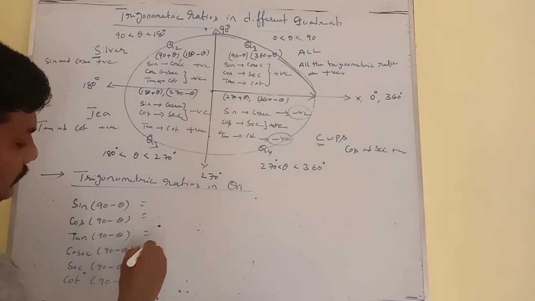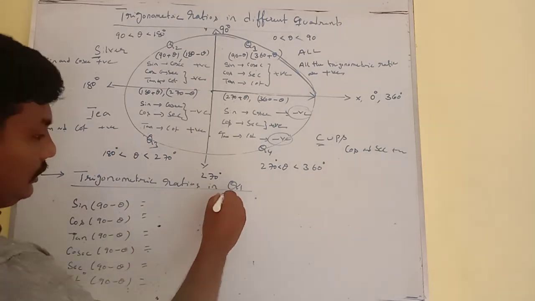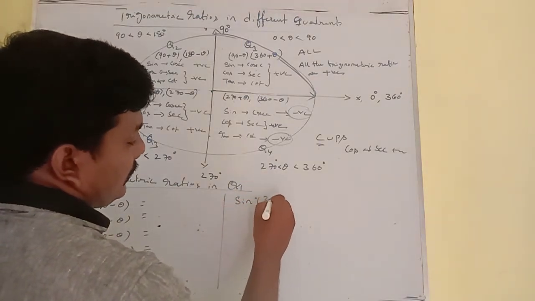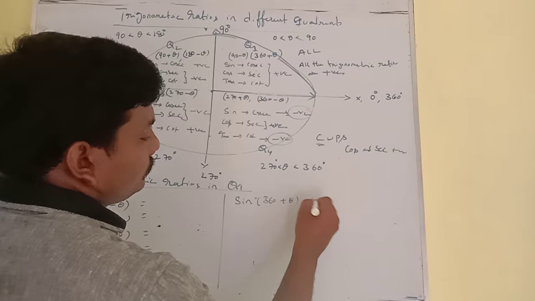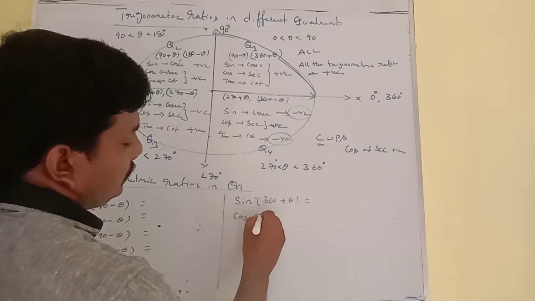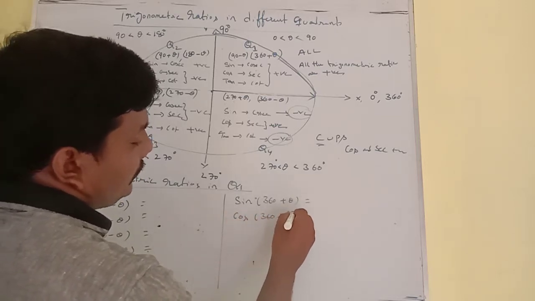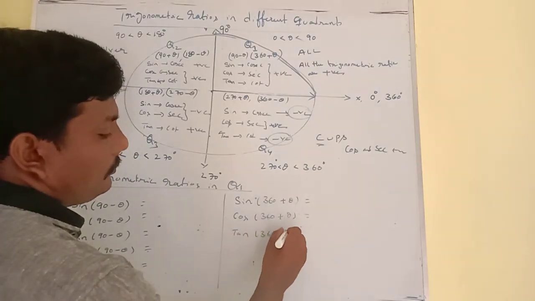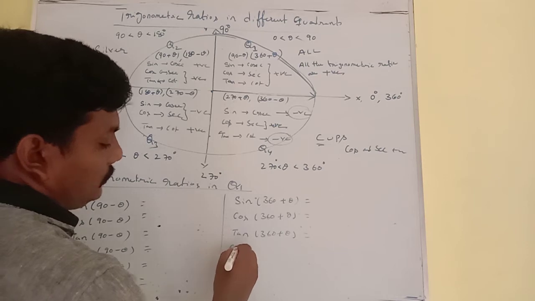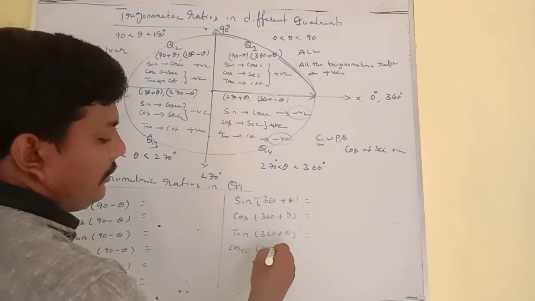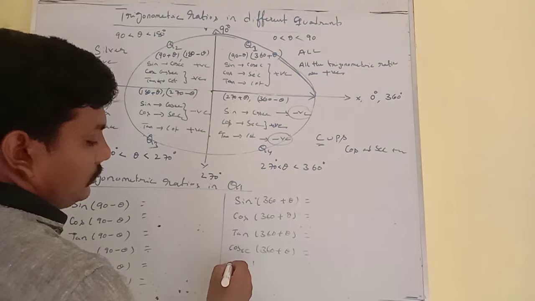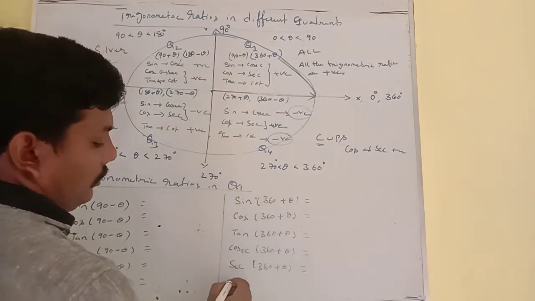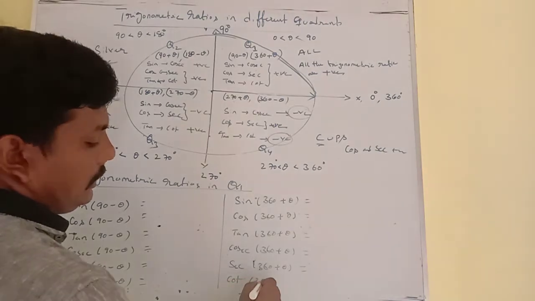In the same way, sine 360 plus theta, cos 360 plus theta, tan 360 plus theta. In the same way, cosecant 360 plus theta, secant 360 plus theta, cot 360 plus theta.